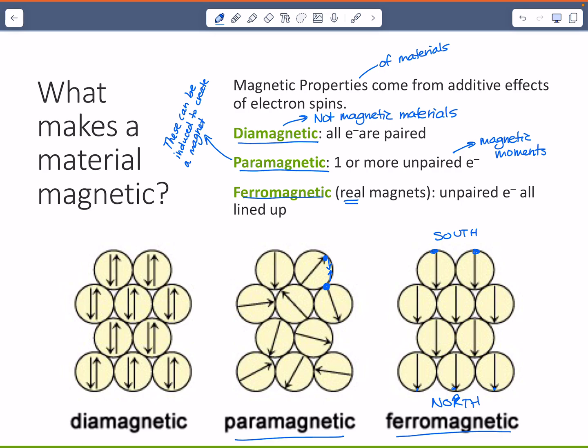But in order to create those fields, we need special materials. The materials in those devices are what we call superconductors.